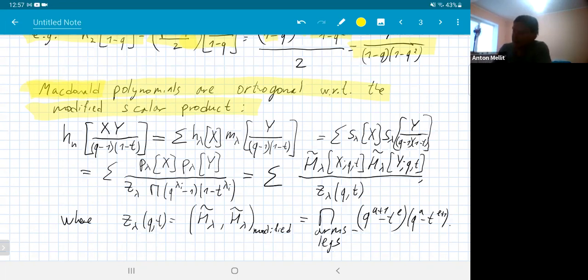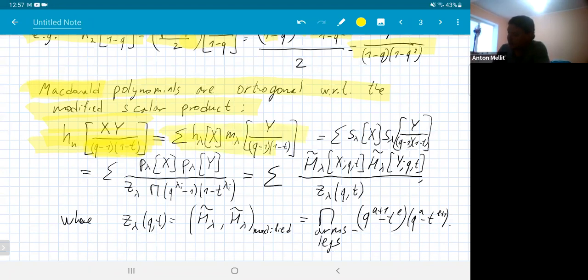That there are 3 ways to write this generating series for the modified scalar product, which will be Hn, but instead of just Hn of xy, it is Hn of this xy over the denominator. And by the general theory, no matter which pair of dual bases you choose, you get expressions.